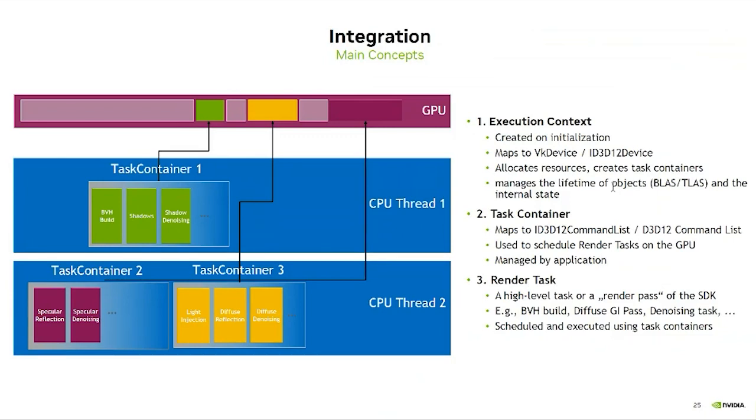So this is really a high-level task like build BVH from this geometry, or give me ray traced reflections, or denoise this buffer. And since there are 4 effects and the optional denoiser and BVH builds, you can really implement this to your liking. Like, you don't need to use all the effects. You can just cherry pick what you want. You build your render tasks, and the SDK injects them on the task container.